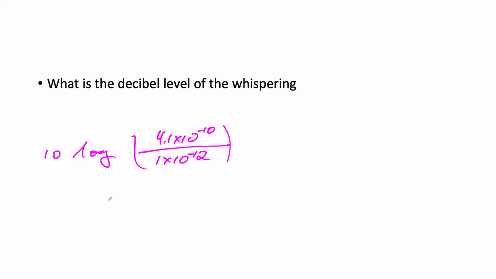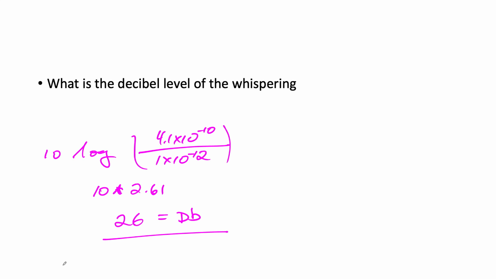So in the calculator, parentheses 4.1 raised to the negative 10th, close parentheses, divided by 1 times 10 raised to the negative 12. Then you take the logarithm of that number, and you're going to have 10 times 2.61, so the decibel answer is going to be 26 decibels, which is a fairly low number.